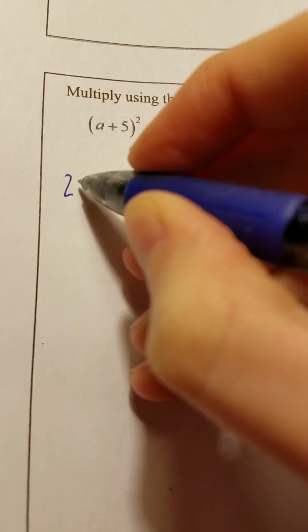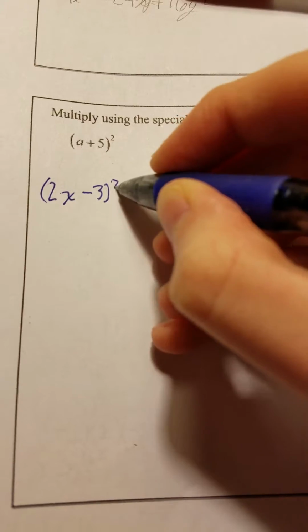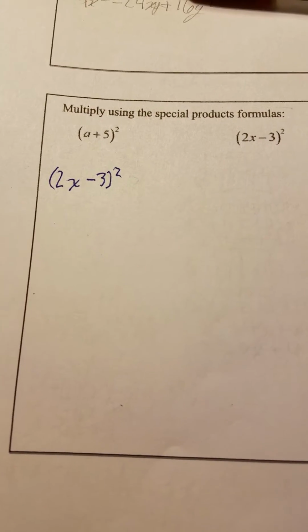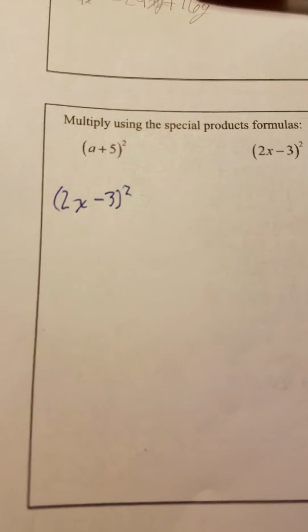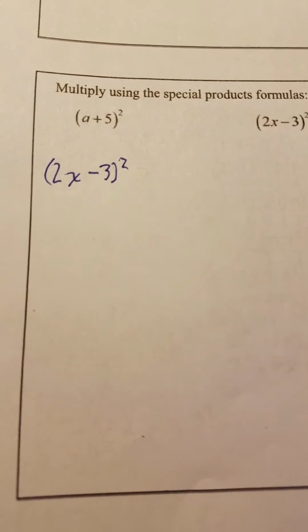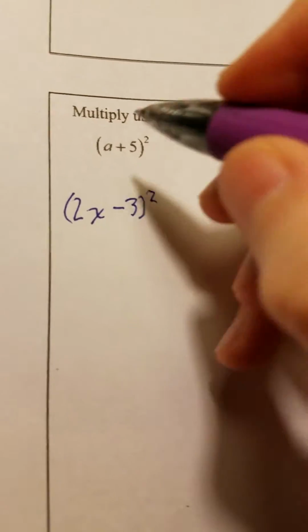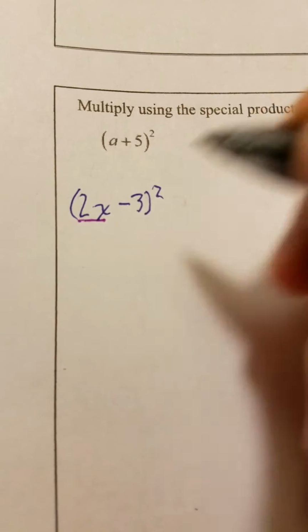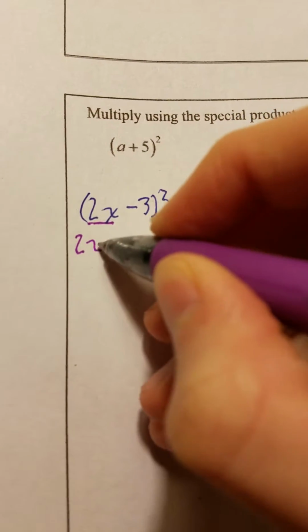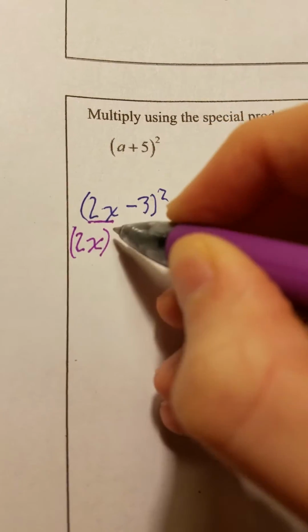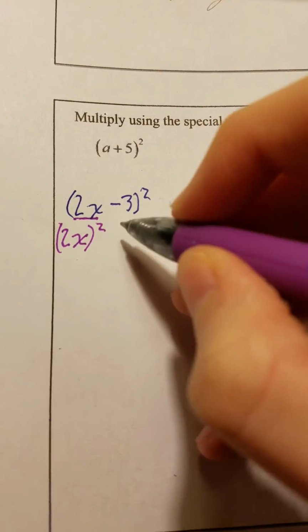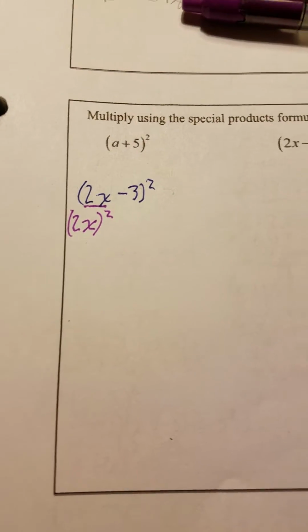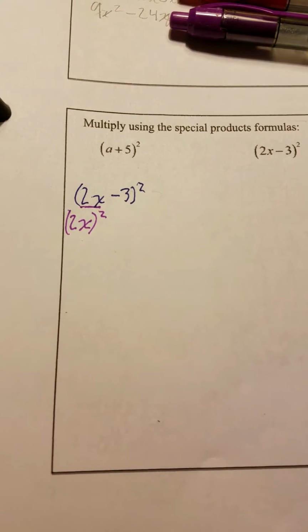First we square the first term, 2x squared, and then, like it says, you stick in the minus sign.